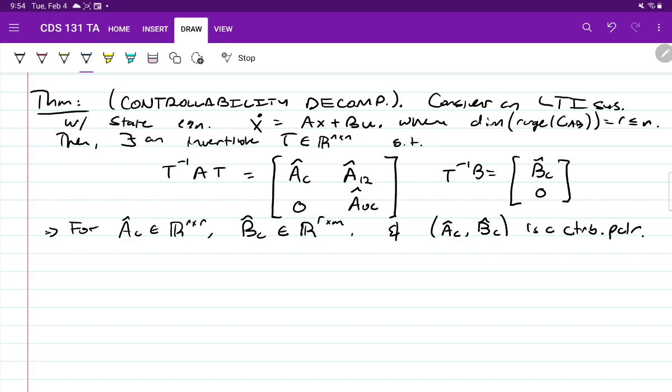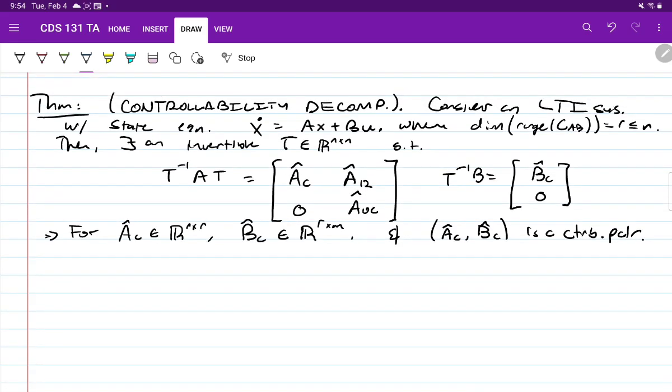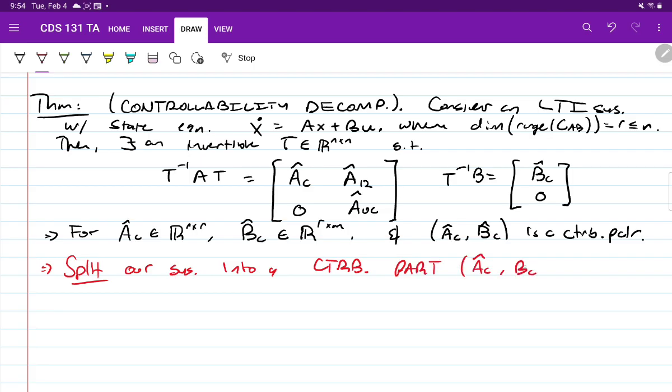Okay? So basically what's going on here is I've split my system into two different components. We split our system into a controllable part, this A controllable hat, B controllable hat part, and an uncontrollable part.